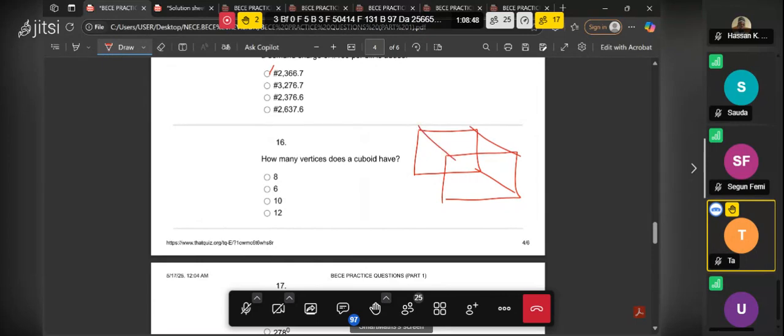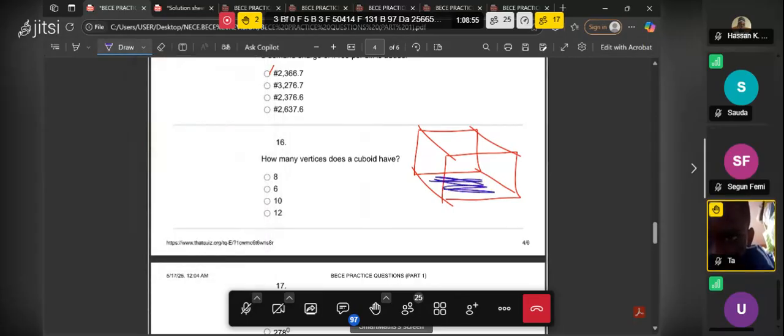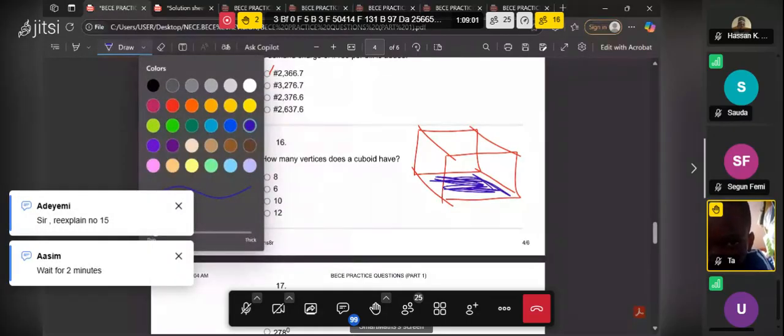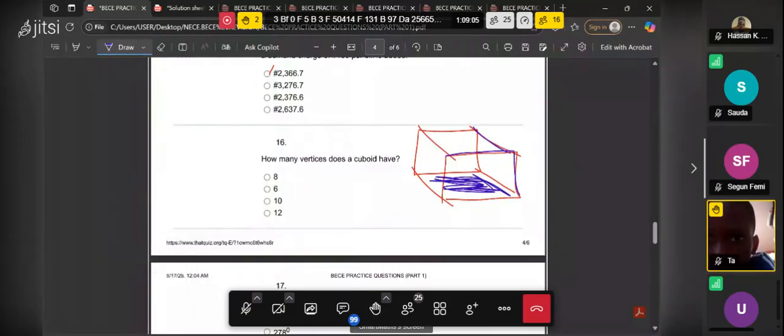Let me quickly show you something. It has a face. This is a face here. Now all these lines here, they are edges. All these circled parts here are the vertices.